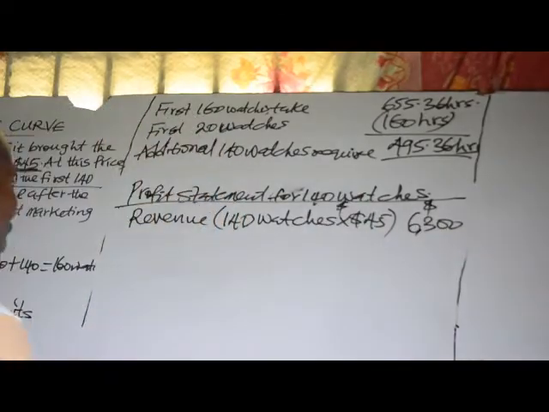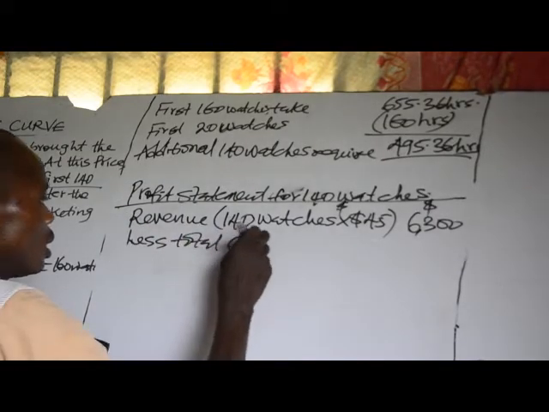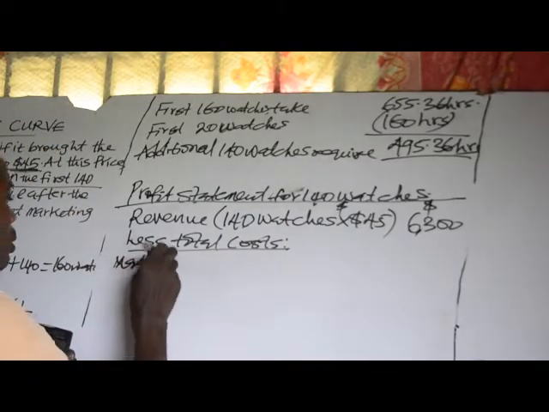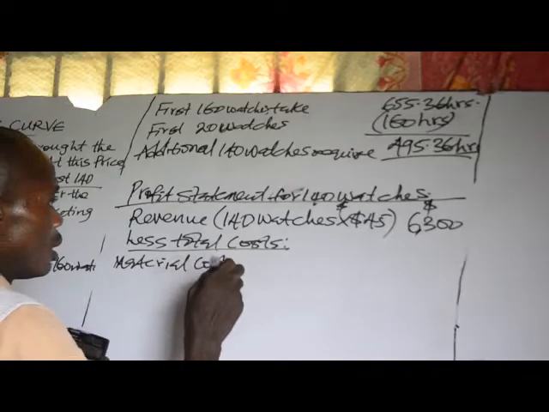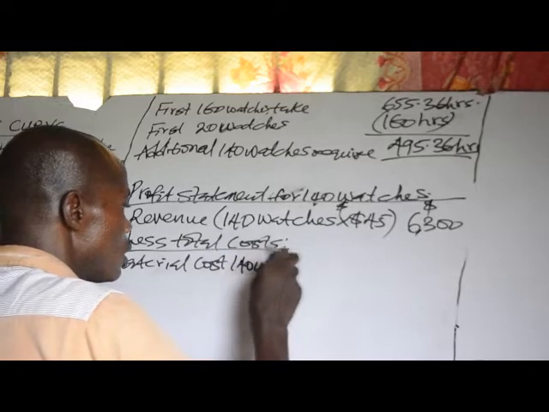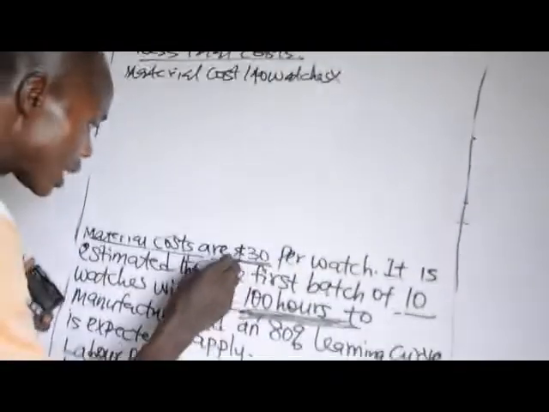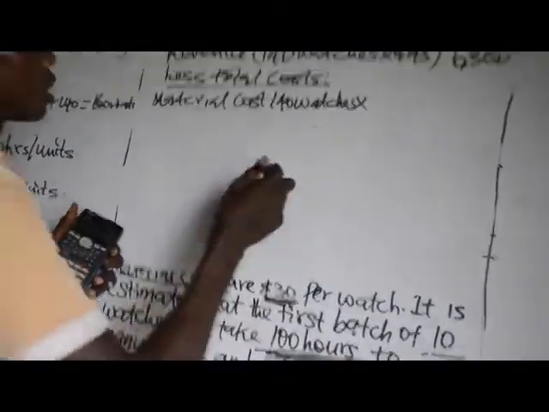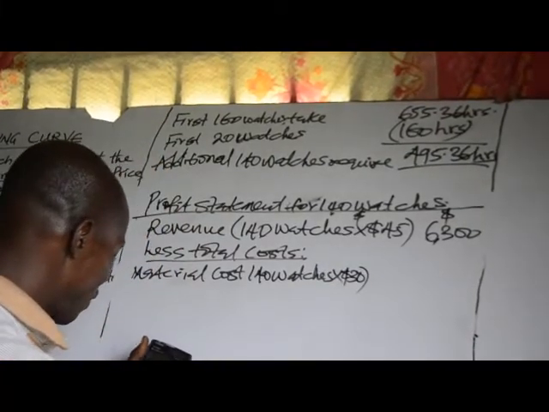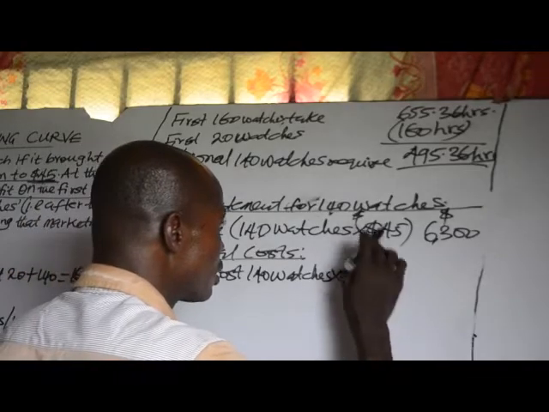From the revenue, less total cost. The total cost includes material cost. Material cost incurred on 140 watches times the material cost per watch, which is $30 as given. We have 140 times 30, we have $4,200.